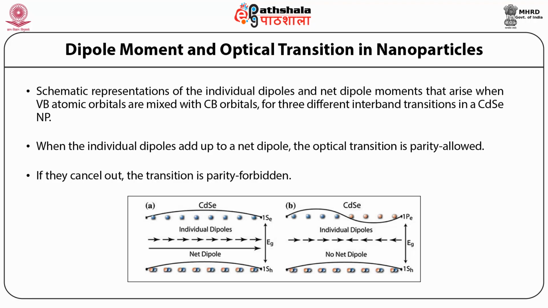The direction of the individual dipoles can be deduced from the previously discussed figure. So when the individual dipoles add up to a net dipole, the optical transition is parity allowed. If they cancel out, the transition is parity forbidden.